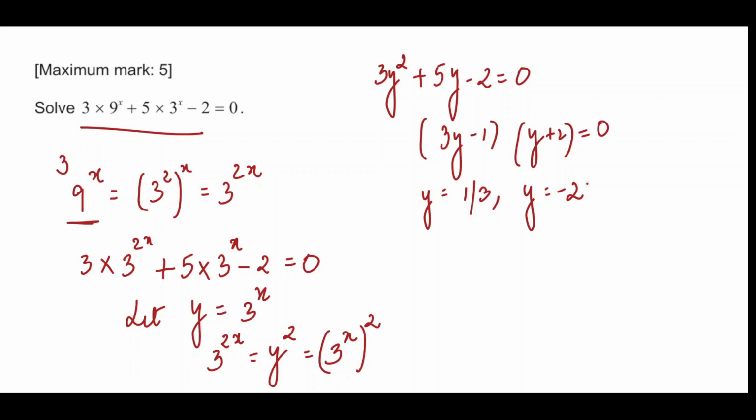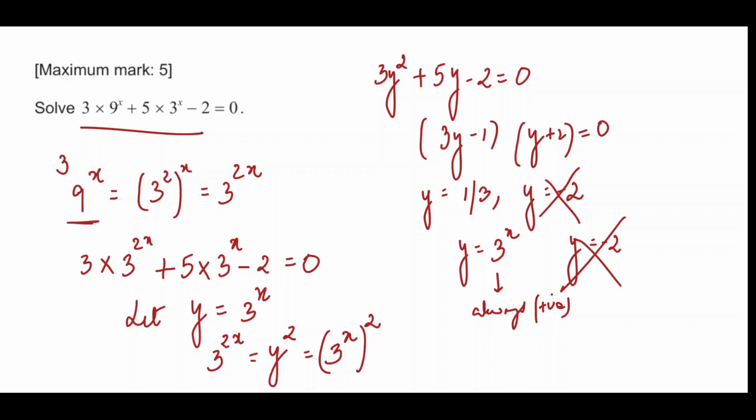Okay, so we have solved for y, but we have substituted y equals 3 raised to the power x, and 3 raised to the power x will always be positive. So this value will be rejected. We'll reject this value because this is always positive.